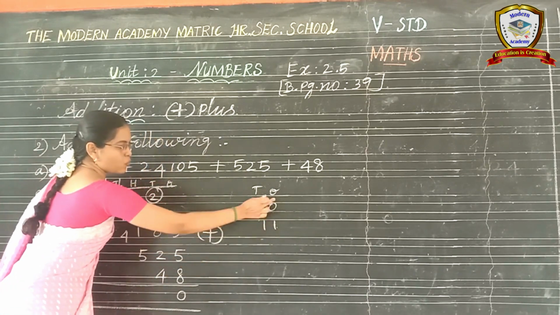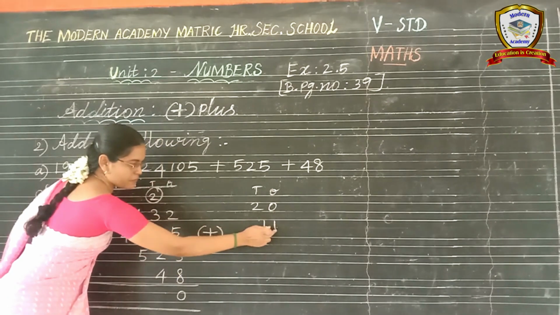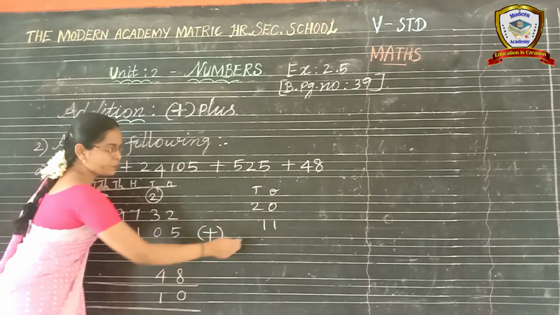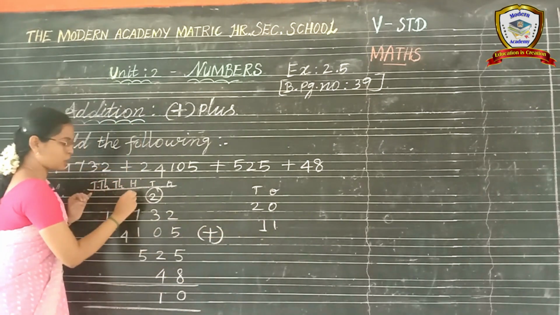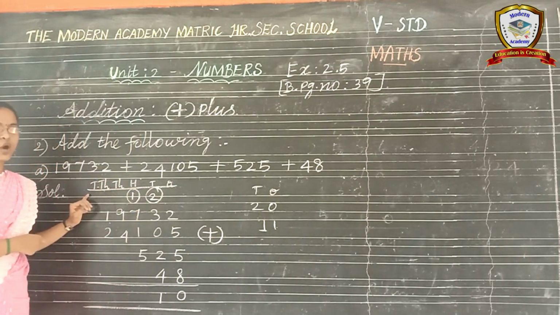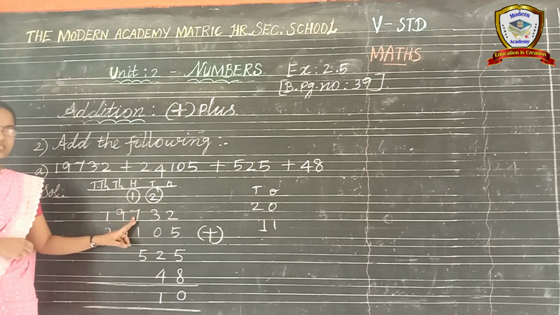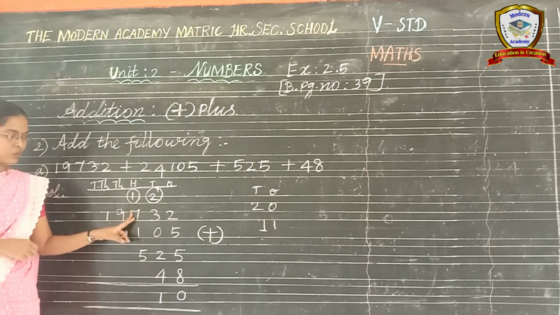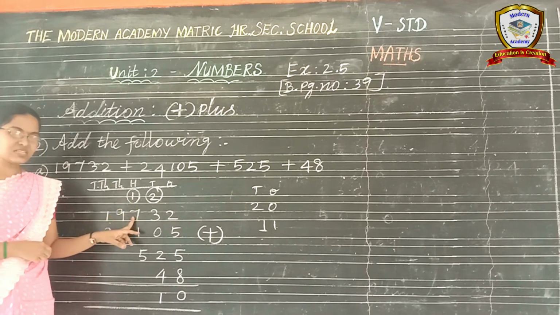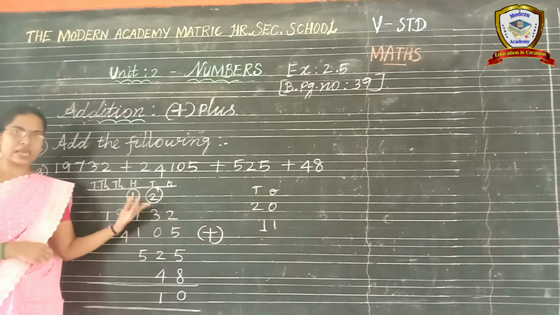So as usual, ones place number 1 we have to write down. Next, tens number 1 we have to carry over to hundreds column. So 1 plus 7 is 8. 7 plus 1 also we can add. 7 after number 8 only.